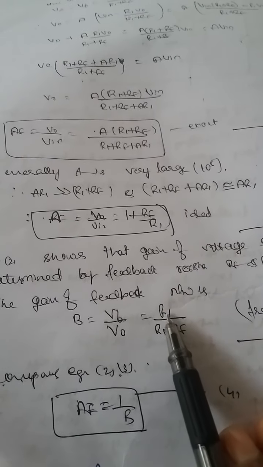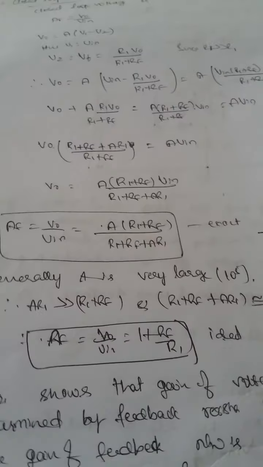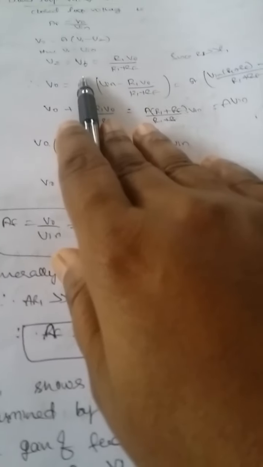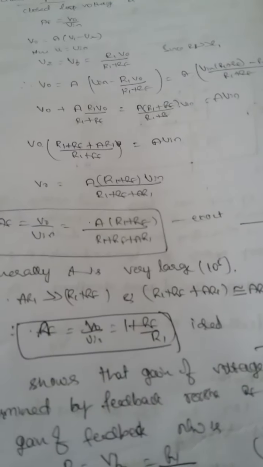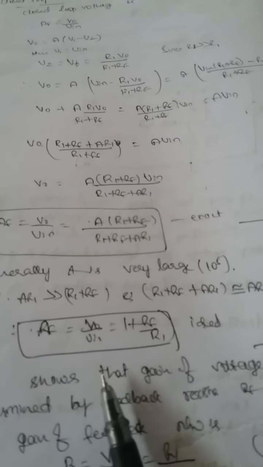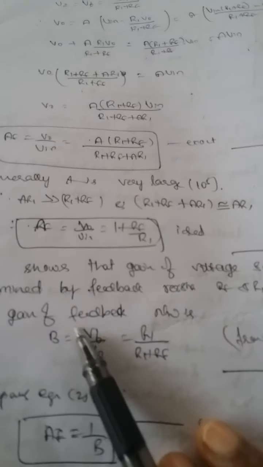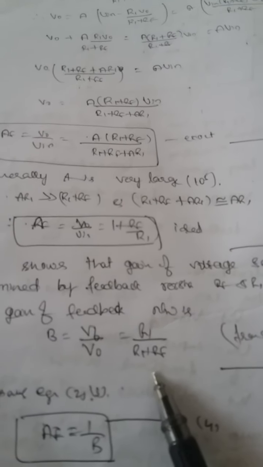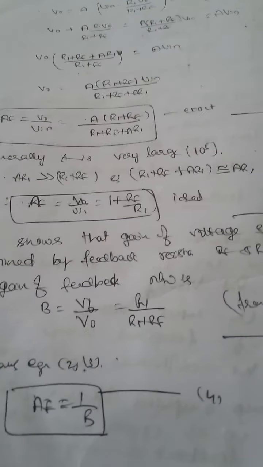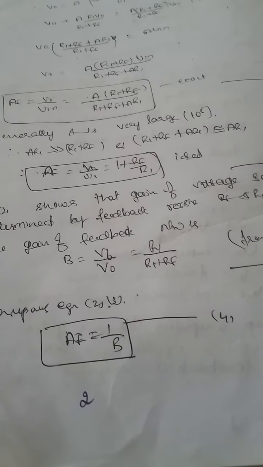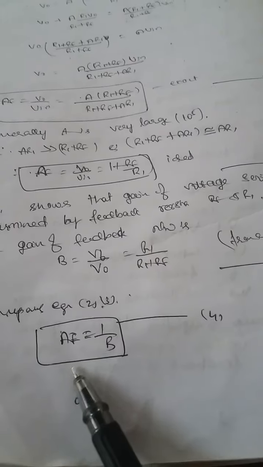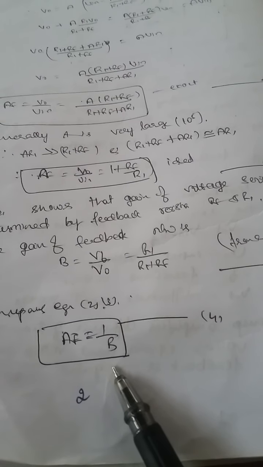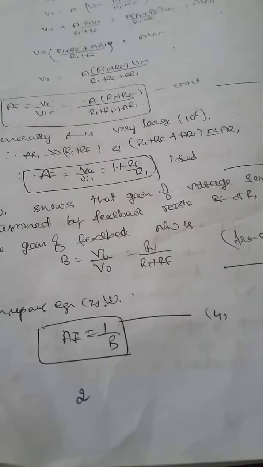So Vf by V0 is equal to R1 divided by R1 plus Rf. Now comparing these two expressions, AF becomes nearly equal to 1 by B, that is, 1 by the feedback factor.